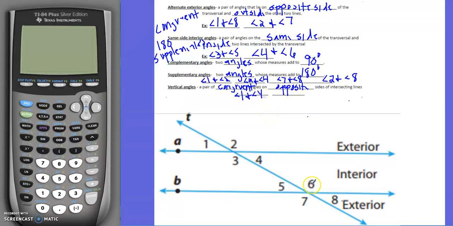Another one could be 6 and 7. Vertical angles are opposite and congruent. If this is 30, this is 30. If this is 150, this is 150. Vertical angles are opposite and congruent. All right.